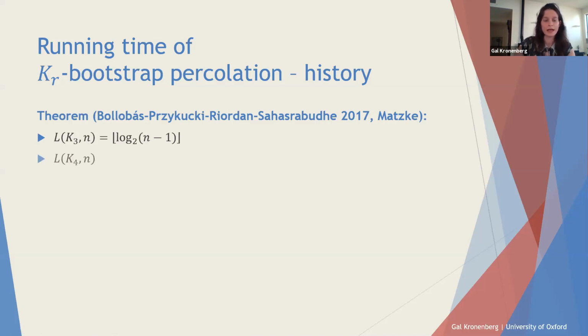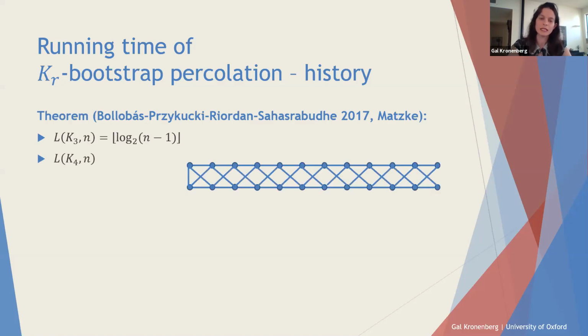Let's see what happens for K4. Let's try to do something maybe similar for K4. So this is an example for K4. I have this graph which I start with. These are just copies of K4 connected with one edge which I removed. So I can add these edges one by one, right?